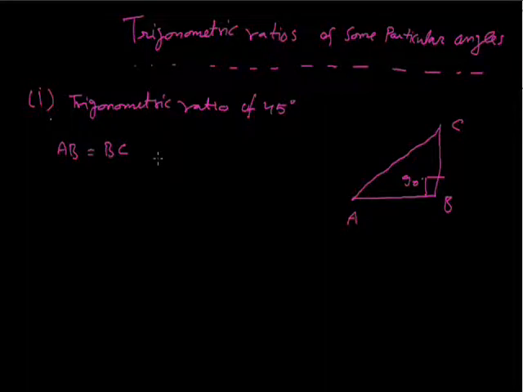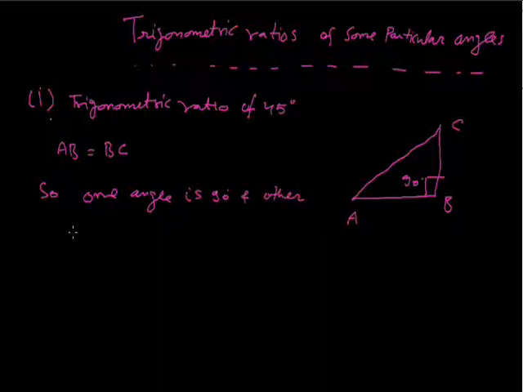So this is an isosceles right angle triangle. So one angle is 90-degree and the other two angles are 45 and 45 degree.